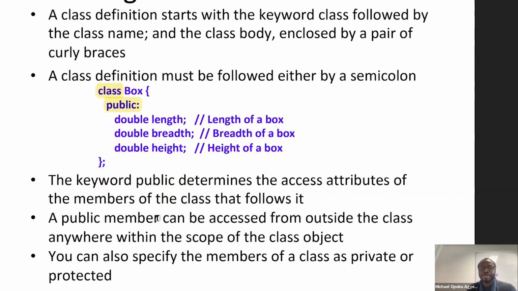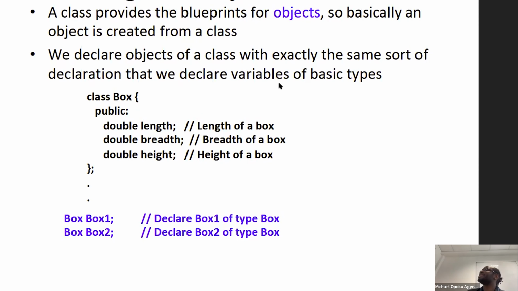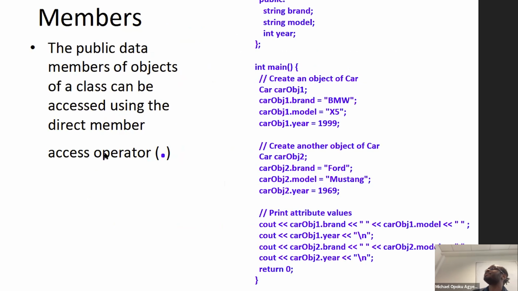Now, the main point being that a public member can be accessed from outside the class as long as where it's being specified from is within the scope of the class's object. An object is an instance of the class, and the examples that we used were boxes, which we created earlier, and then later cars. In these cars we created public members, mostly variables.